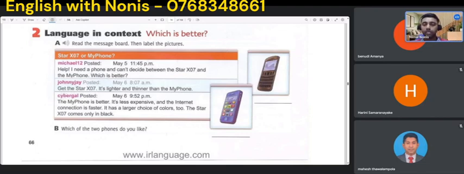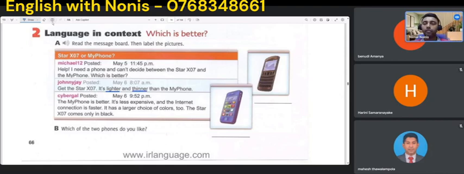There's another user. That person is saying get the Star X07, it's lighter and thinner. It's lighter and thinner than the My Phone. Than the My Phone, this one is lighter and thinner.